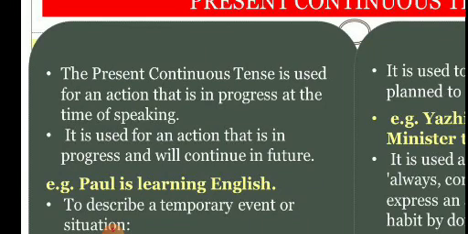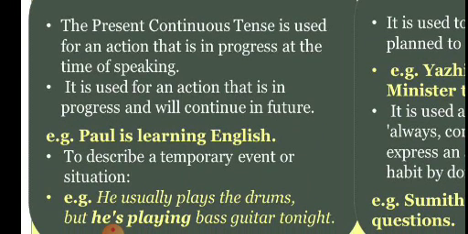It is used for an action that is in progress and will even continue in future. So for an action that is happening at this very moment, let me give an example. You are learning English now. Paul is learning English.